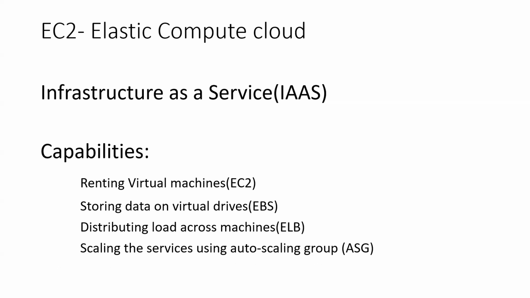If you remember, yesterday we learned what IaaS is, what PaaS, platform as a service, is, and then software as a service at the end, SaaS. If we use EC2, it is the service called infrastructure as a service, IaaS. So what are the different capabilities?